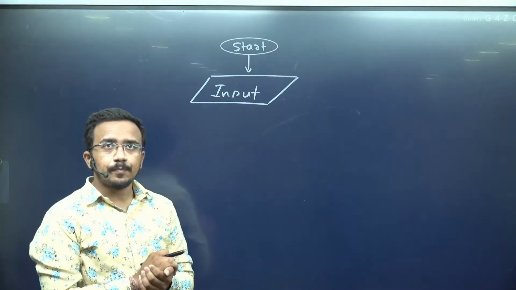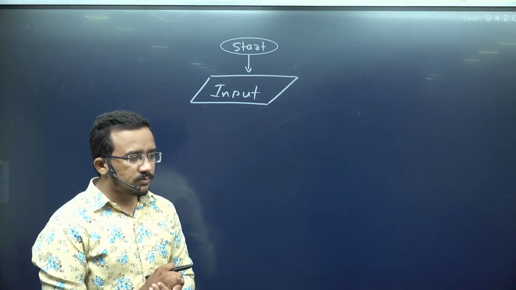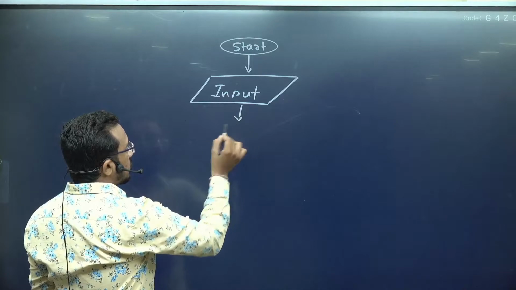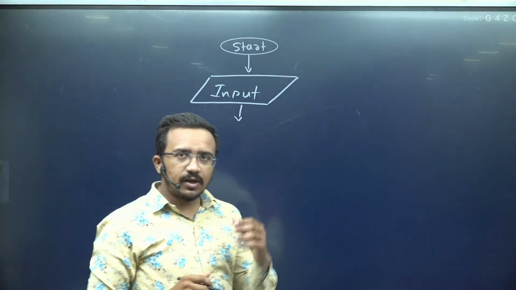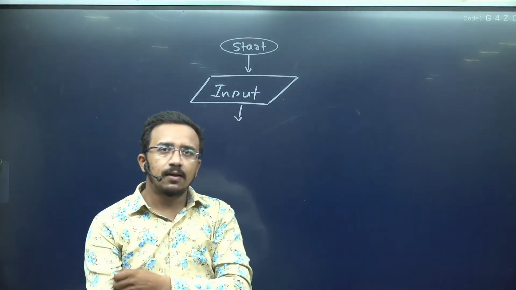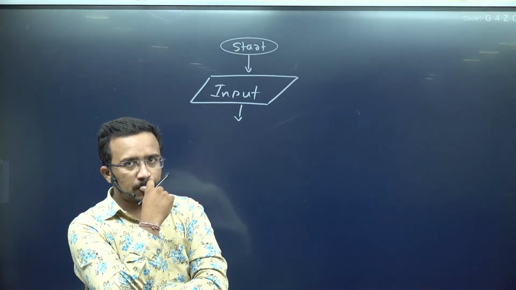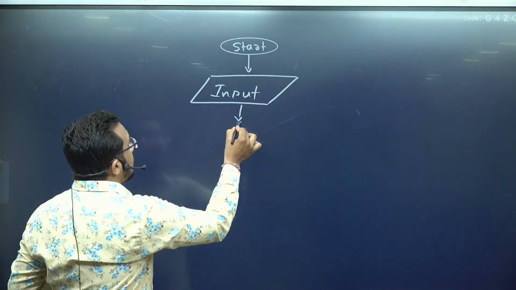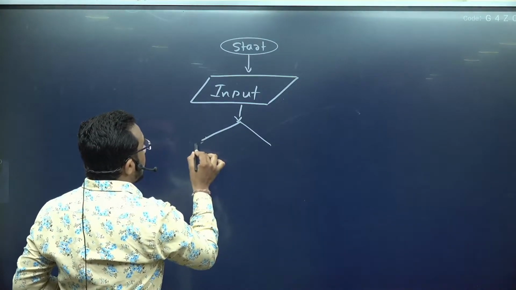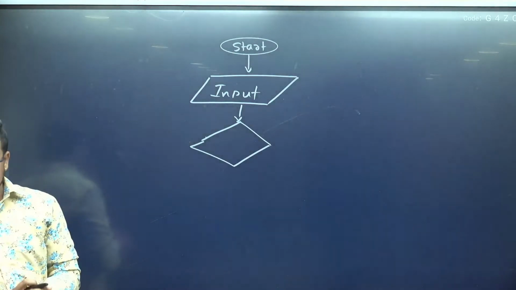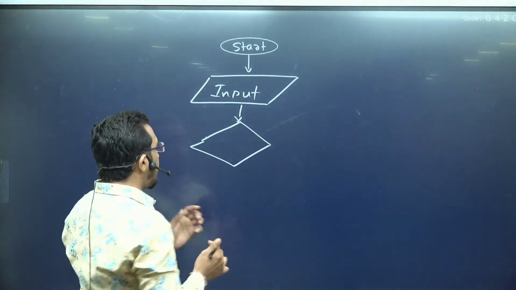And then I put option D in the diamond for condition. Yes, we have to give a condition over here. In the conditional statement, what I have to write is: choice is A or B.